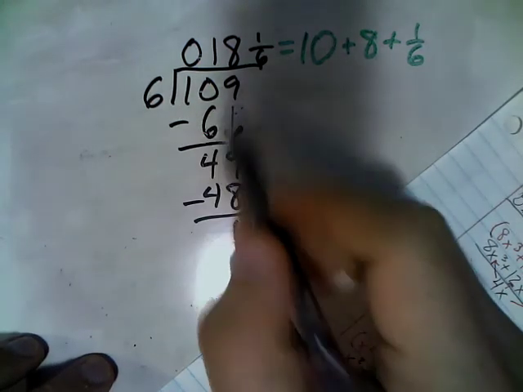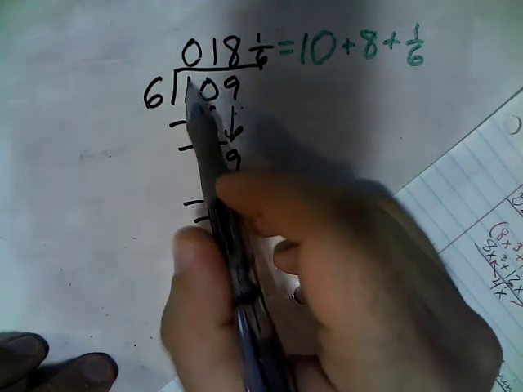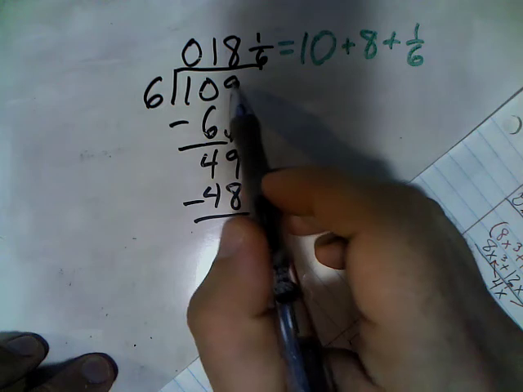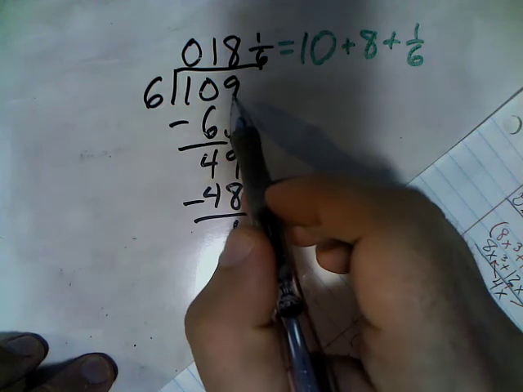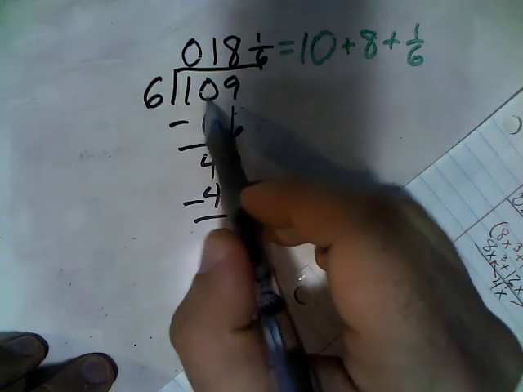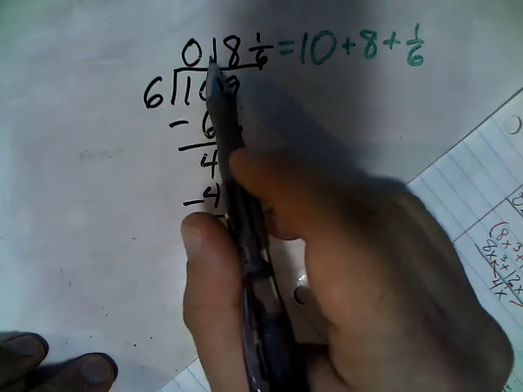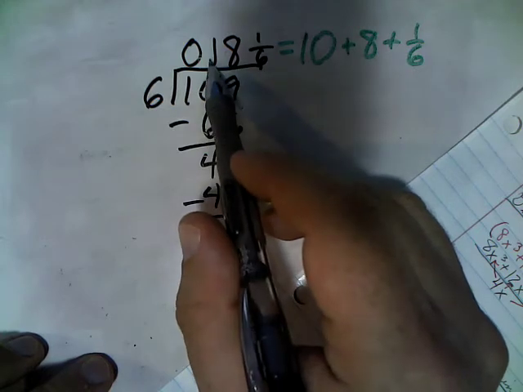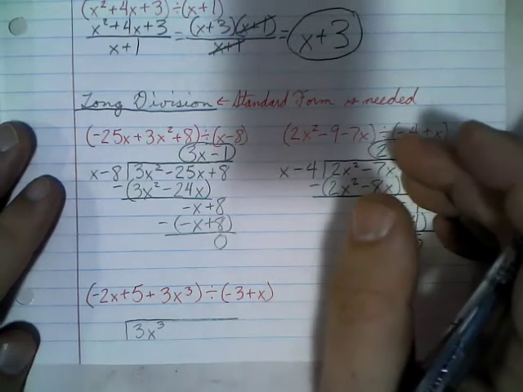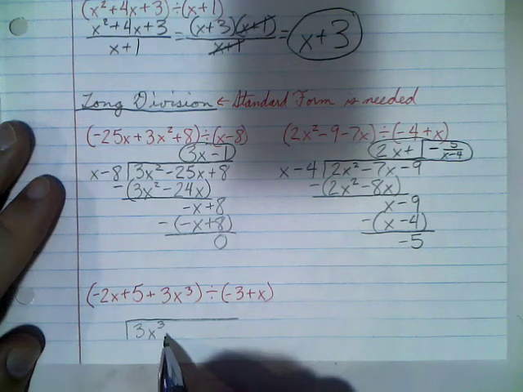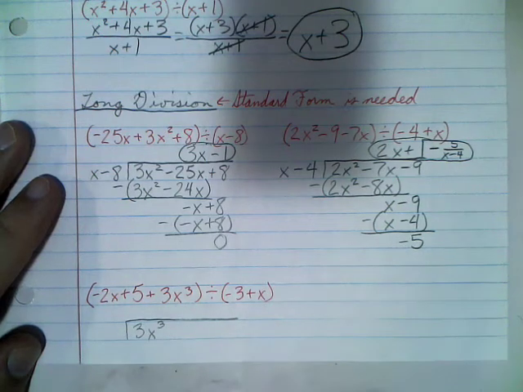Now, if we go back to consider 109, we know that there's one group of 100, there are nine groups of 1, but the 0 here tells me that I have no groups of 10. However, my answer might have groups of 10 in it. So likewise with polynomials, we have to have every column. Every group has to be covered.